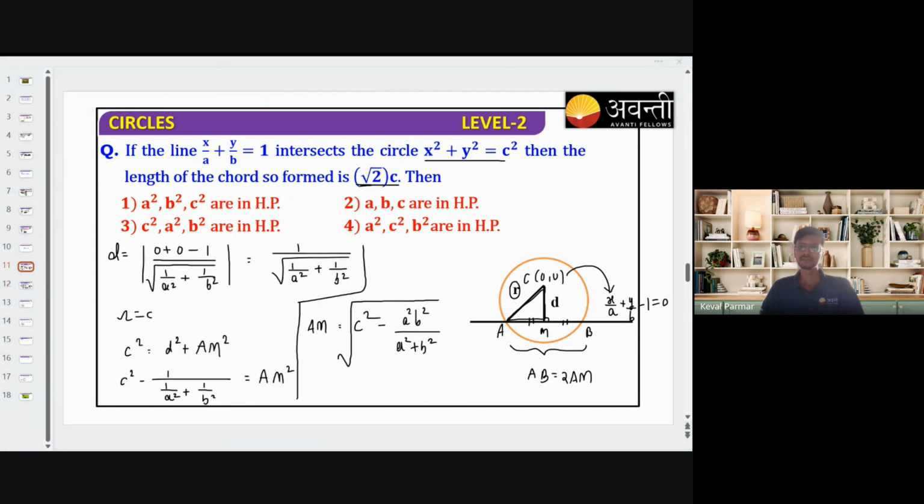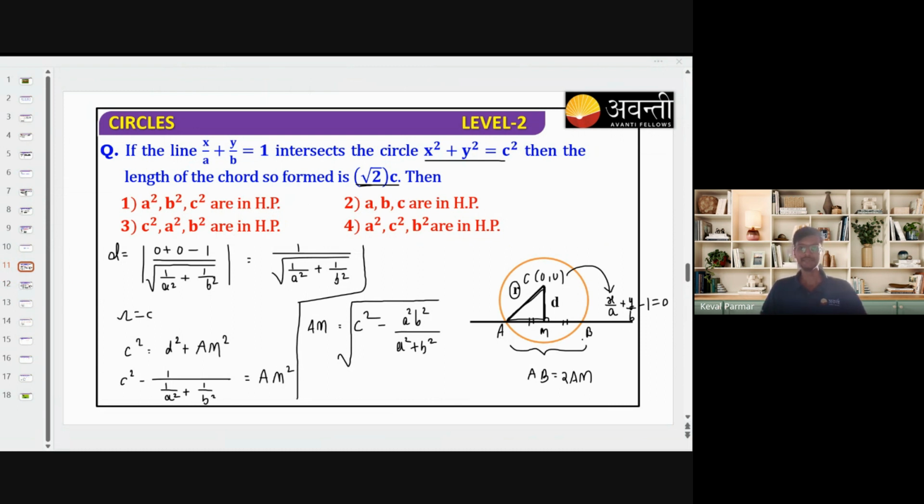Concept. Oh, concept is very simple, beta. See, we have been given the length of chord. So we have to find the length of AB. Now think reverse. We'll think the question from the required.